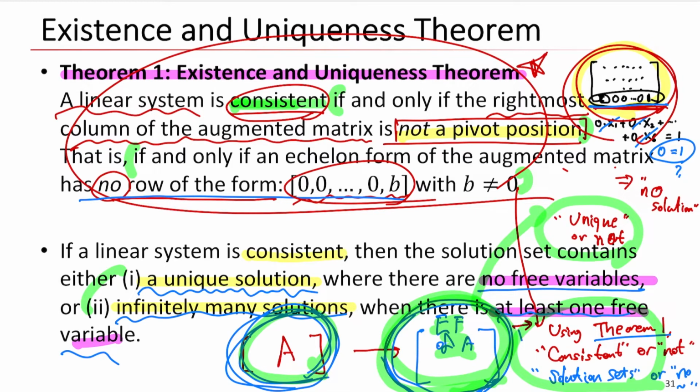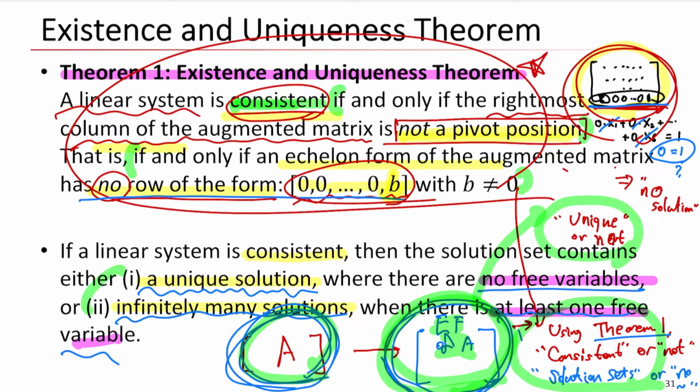To recap, the linear system is consistent if the rightmost column of the augmented matrix is not a pivot position. In other words, if the echelon form of the augmented matrix has no row of the form 0, 0, 0, t with t not equal to 0.